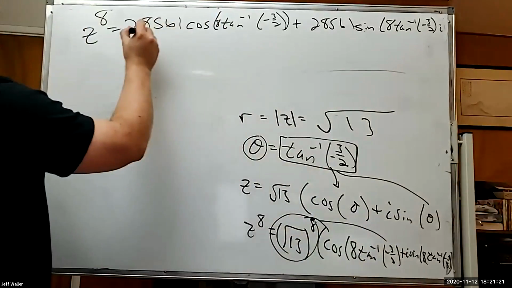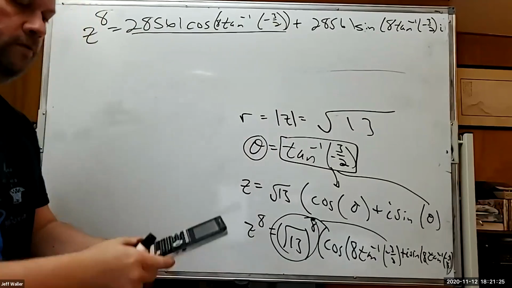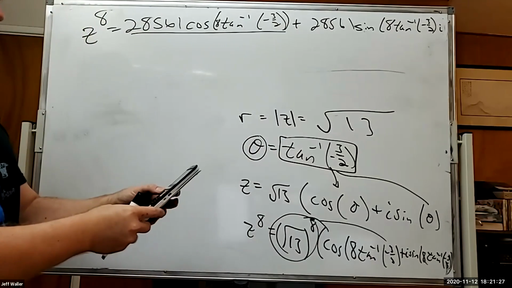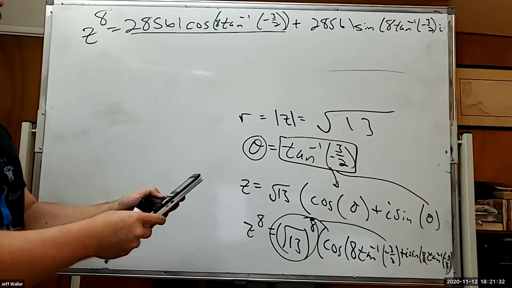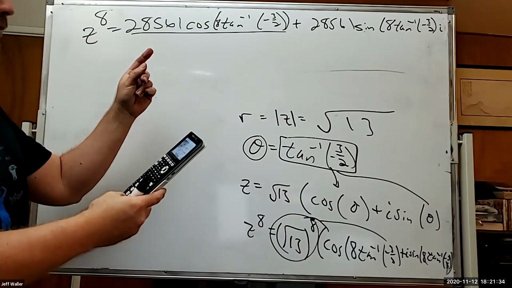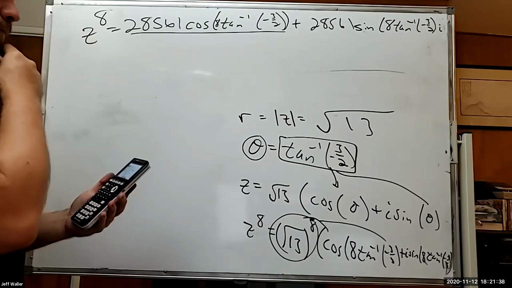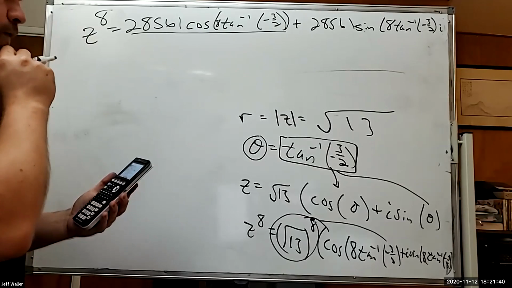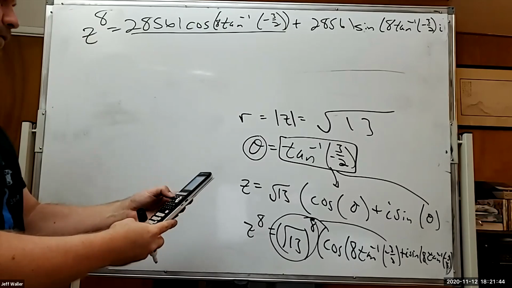Now I can put this whole thing in the calculator and you might be a little shocked. Make sure that you're in, does it matter here? That's a good question, Jeff. I guess it doesn't matter. It could be in radians or degrees.